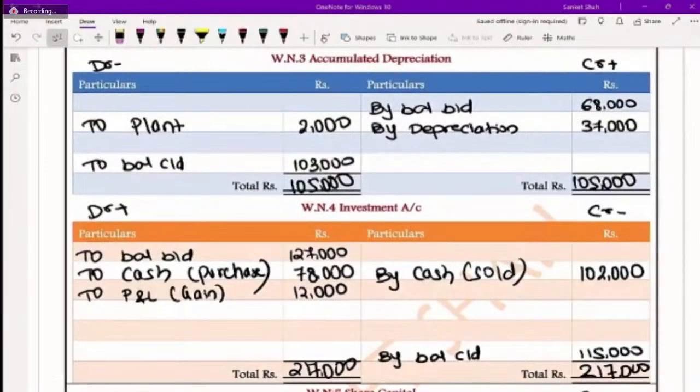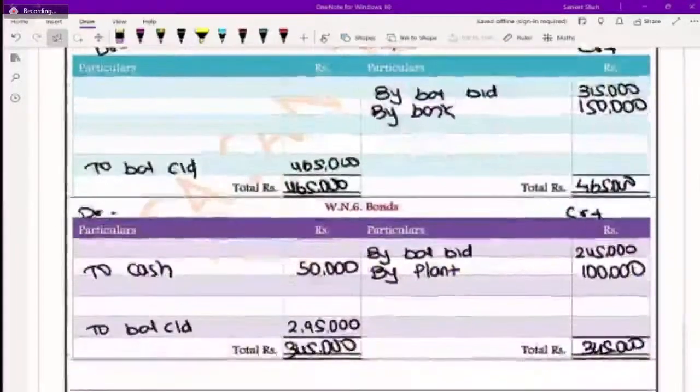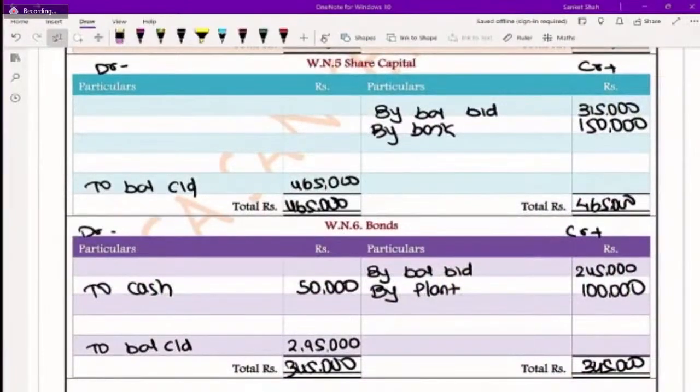Easy. Share capital, bonds. Last but not least, income tax and dividend.